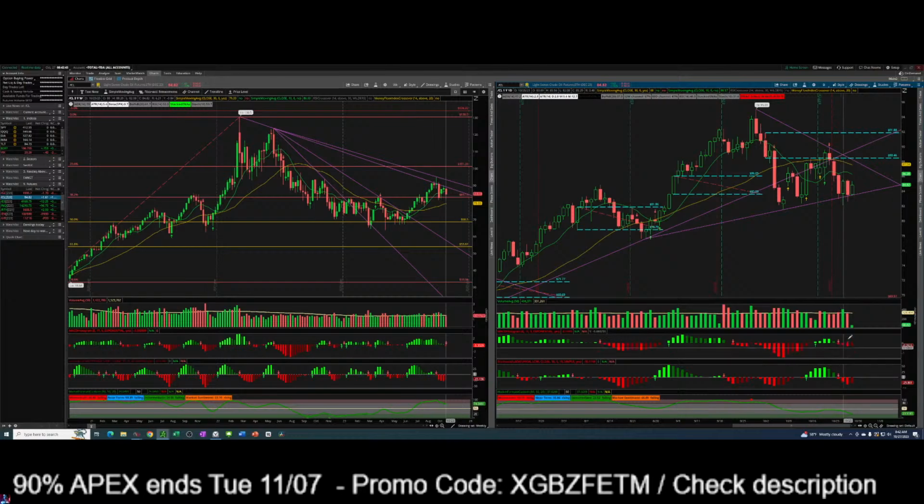But since this has not changed yet, I'm not bullish. Hopefully that makes sense. All of these things are indicating that crude could move down, and there's a bearish sentiment. Yes, it's at support right here on this diagonal, and also right here. There's plenty of support to move down.